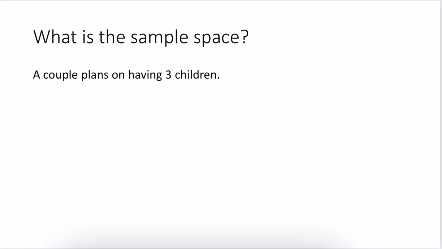All right, so the first thing I would do is I would list the options for what will happen when this couple has their first child. So their first child will either be a female or a male, so I'll list those out. And then I'll say, okay, well, if they have a female, their second child could either be a female or a male.